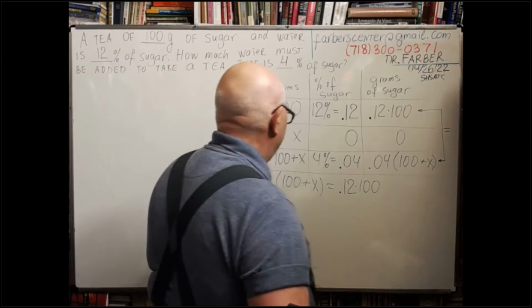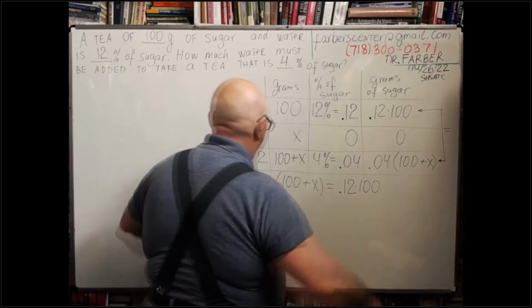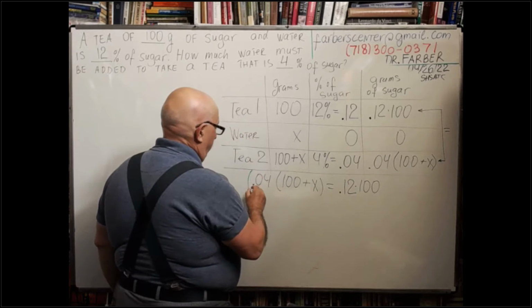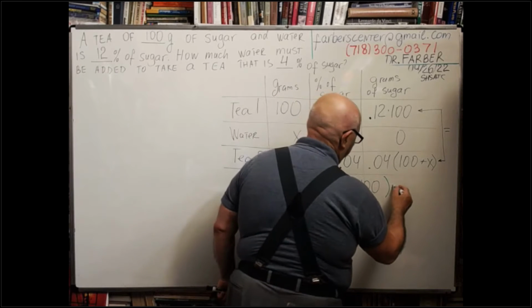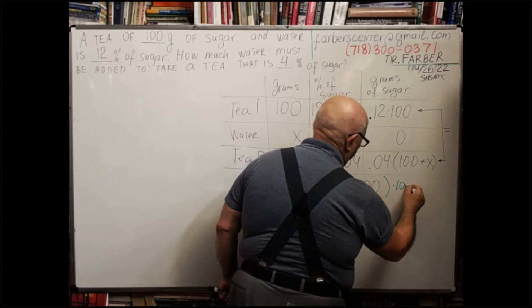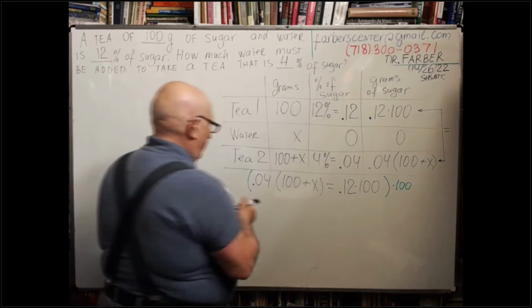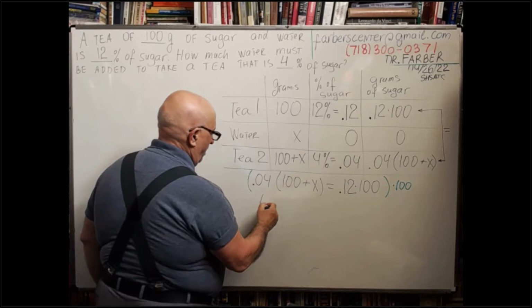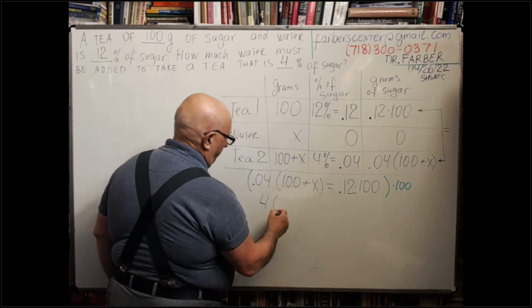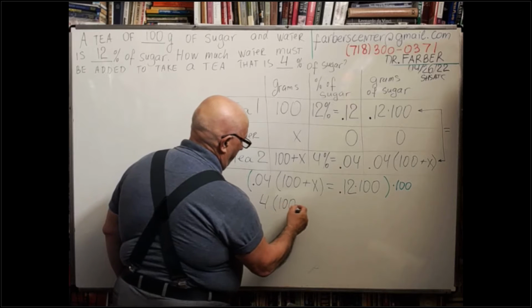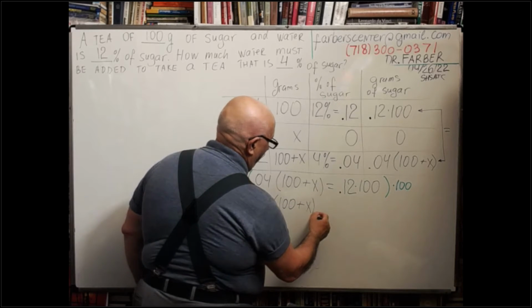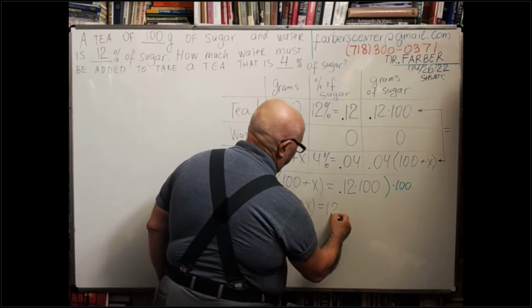Now, you can solve like it is, or better to get rid of these decimals. I would multiply both part by 100. And I will have 4 times 100 plus x equals 12 times 100.